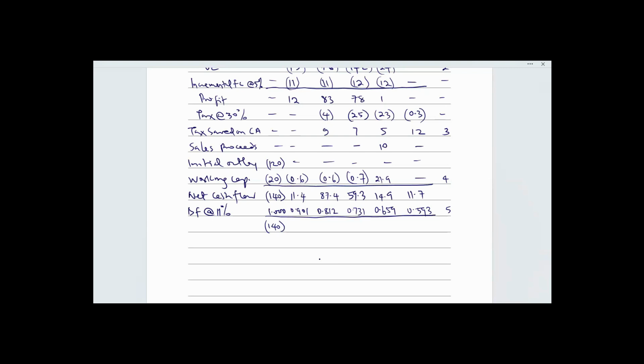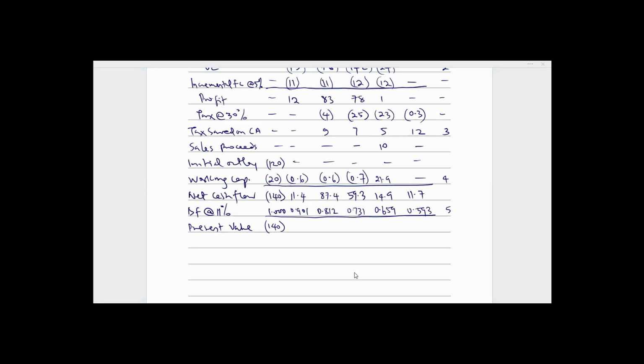Year 1 to 5. Wilson, you can do year 5. Abu, do year 4. Let me do year 2, then Debbie will do year 1. Year 2 is 87.4 multiplied by 0.812.